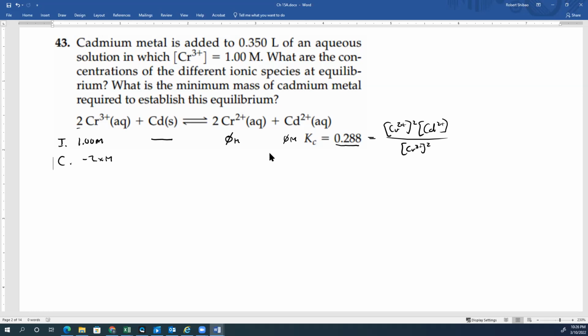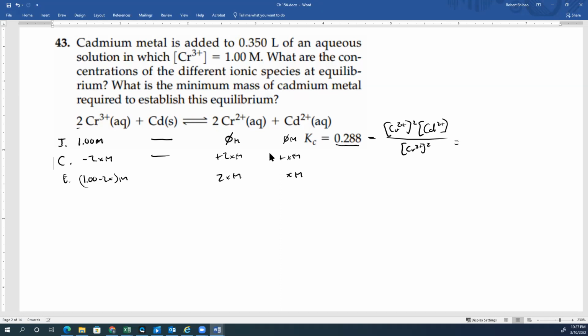And so I'm just going to keep it molarity here. And so this is going to be plus 2x molar. And this is going to be plus x molar here. And so at equilibrium, I'm going to have 1.00 minus 2x quantity molar. And then this is going to be 2x molar here. And this is going to be x molar here.